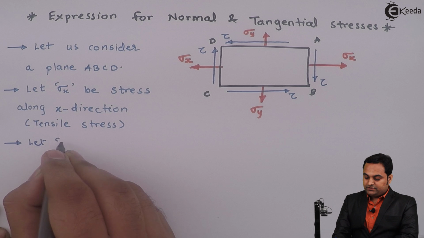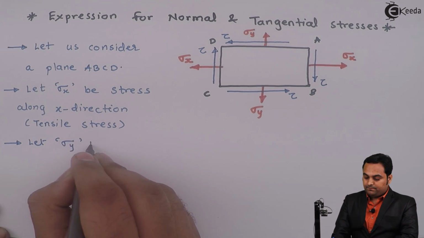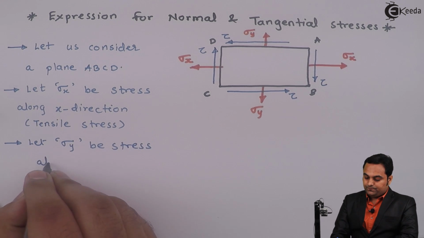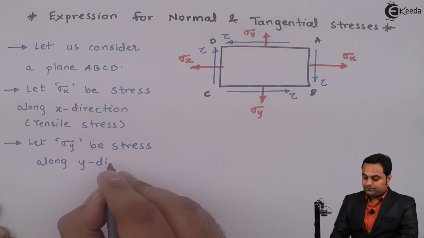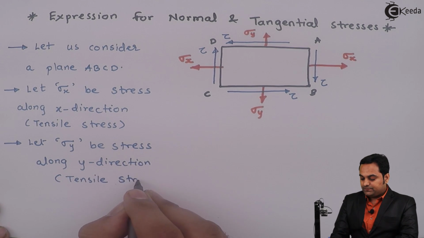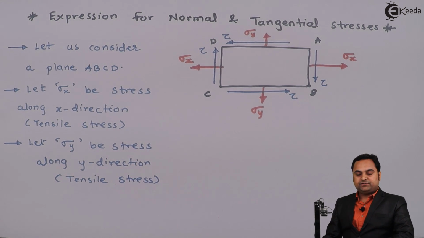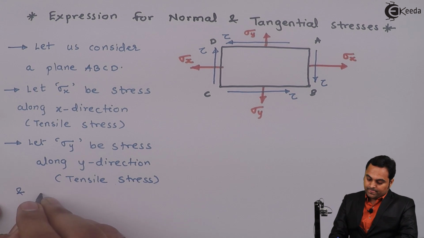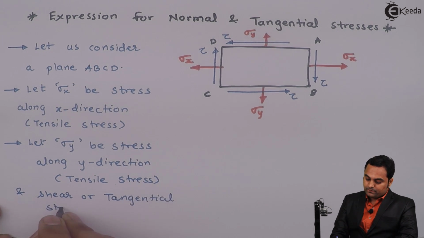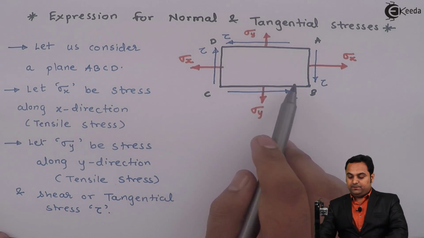Let sigma y be stress along y direction, that is also tensile stress. Next, shear, or I can say tangential stresses tau, which is acting on the plane.